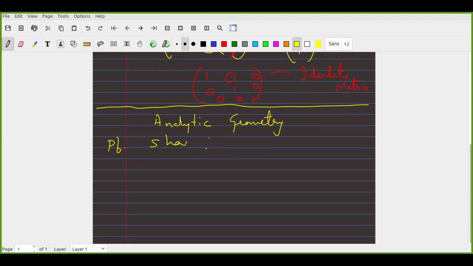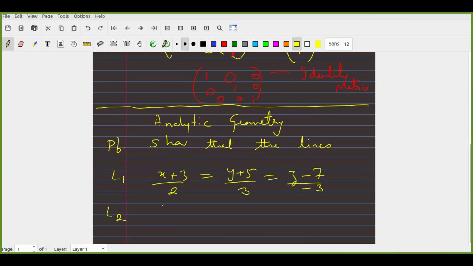Show that the lines L1, the first line, (x plus 3) by 2 equal to (y plus 5) by 3 equal to (z minus 7) by minus 3, and the line L2, (x plus 1) by 4 equal to (y plus 1) by 5 equal to (z plus 1) by minus 1, are coplanar.